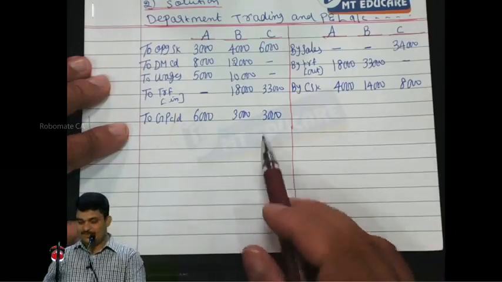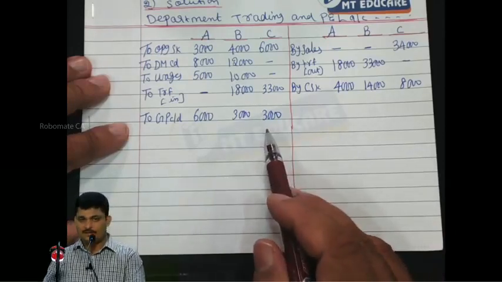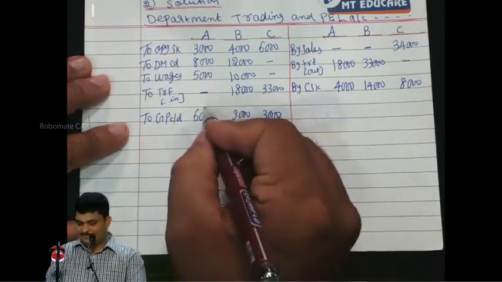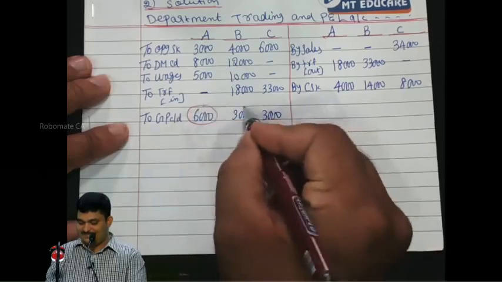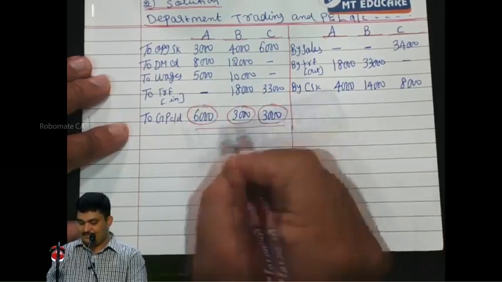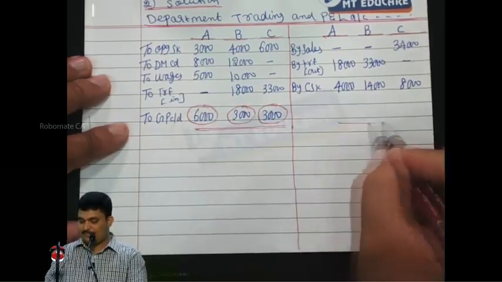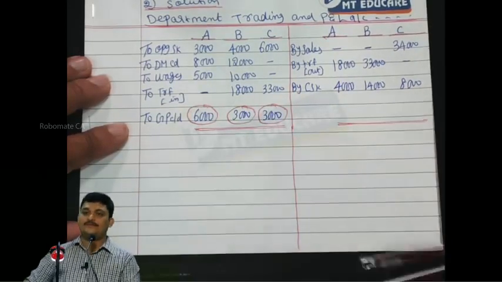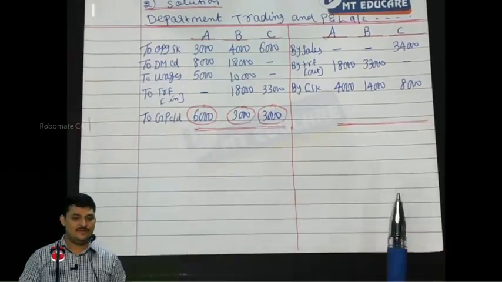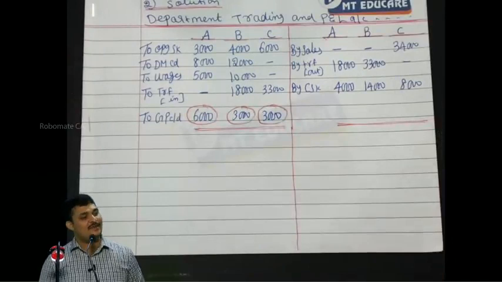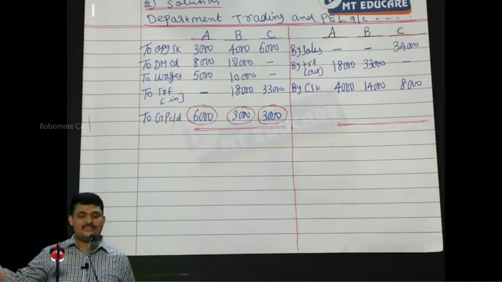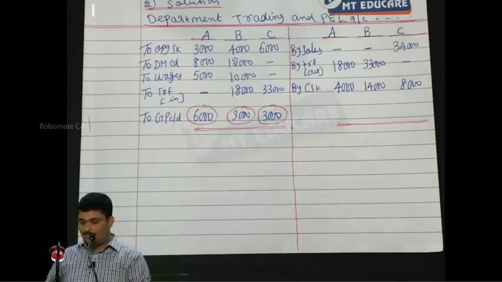So 6,000, 3,000. Everybody? So what is the gross profit proportion, my dear friends? 2:1. Now, very simple. Our next part is so easily completed that our gross expenses will be apportioned 2:1:1.